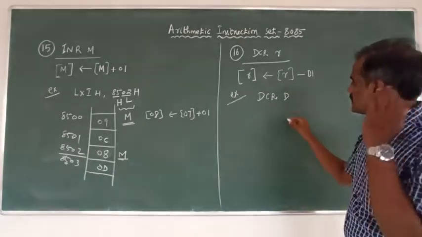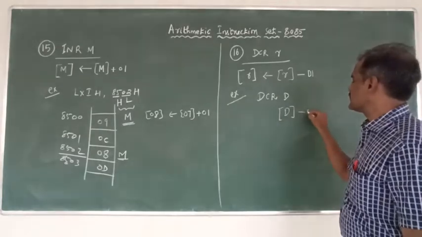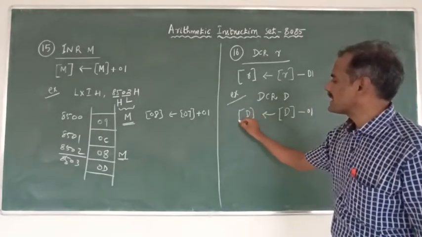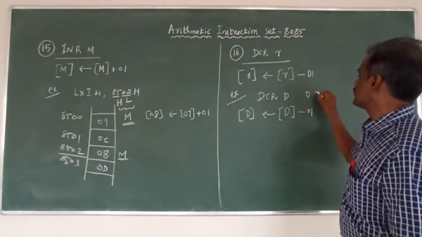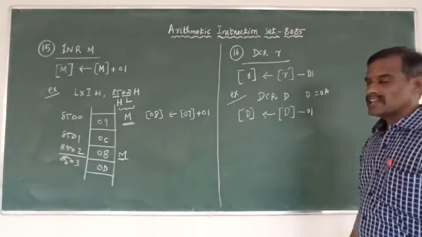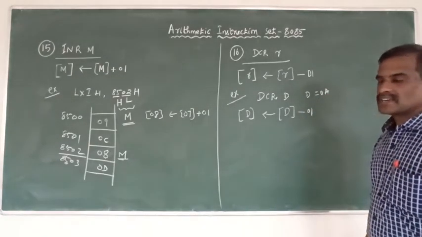Example, DCR D. DCR D means to decrement the D register content and move the result to the D register itself. Here D equals 0A.